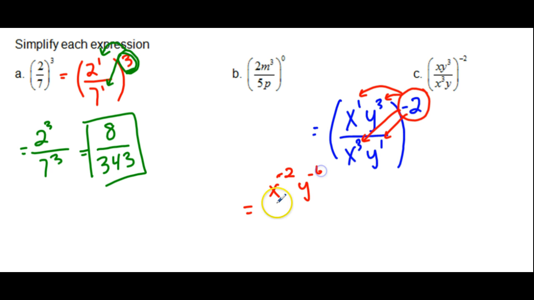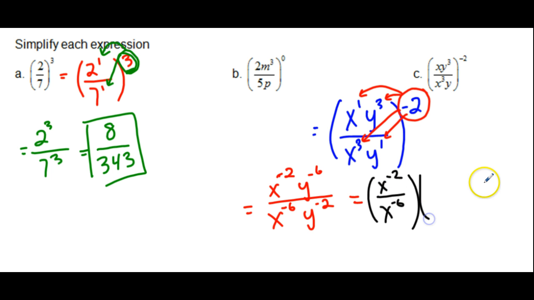y to the negative 6, divided by x to the negative 6, y to the negative 2, all right? So just like the video before, I'm going to split this up with the x's and then the y. So negative 2 divided by negative 6, just so we have it kind of organized, right?